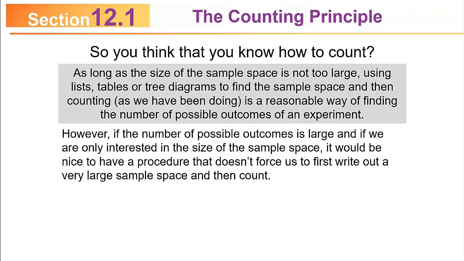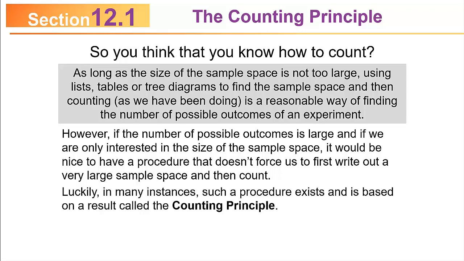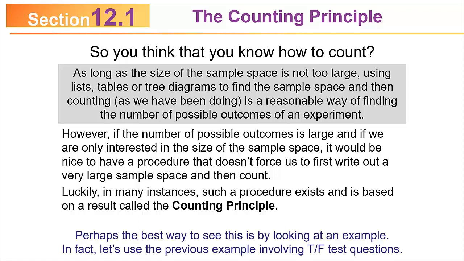However, as the number of possible outcomes gets larger, and if we're truly only interested in the size of the sample space, it really would be nice to have a procedure that doesn't force us to write out a really large sample space and then count. It turns out that in many cases such a procedure does exist, and it's based on a result called the counting principle. Maybe the best way to see this is by looking at an example.